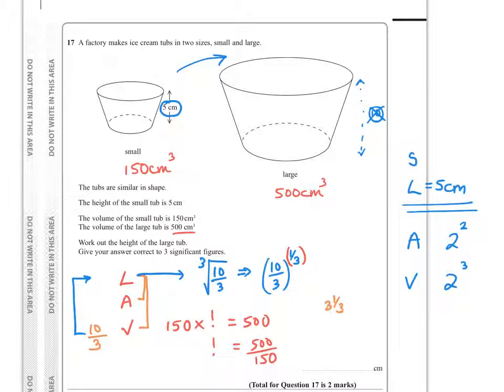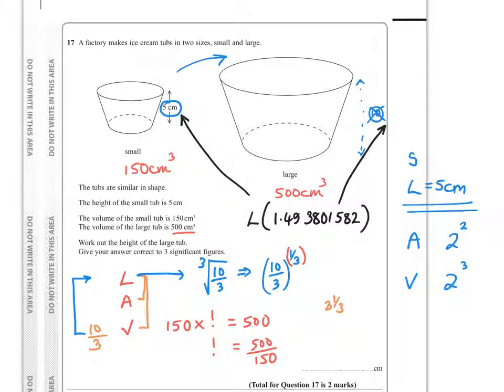So my length scale factor is 1.493801582. So all I have to do is times 5 by that number, and I will get the height of the large one.